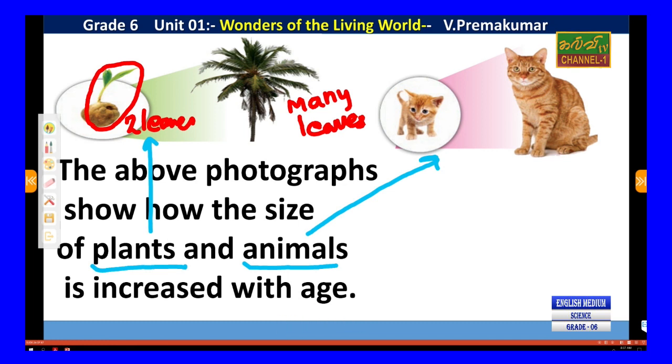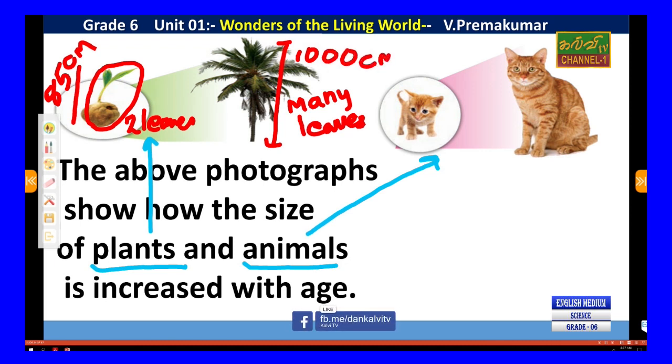This plant is about 85 centimeters, and this one is about 1000 centimeters. What has happened here? The height increases, the number of leaves increases, and there are several other changes.